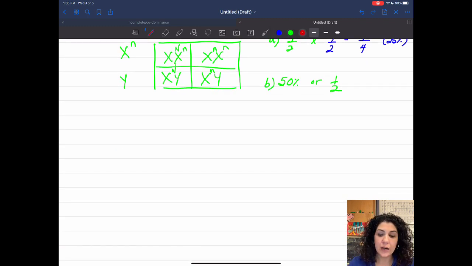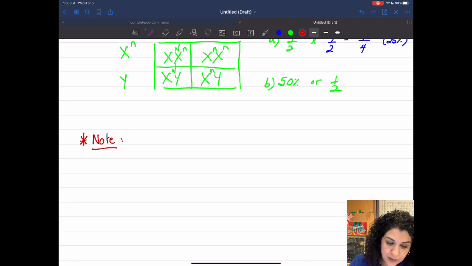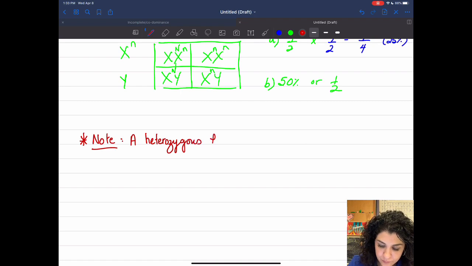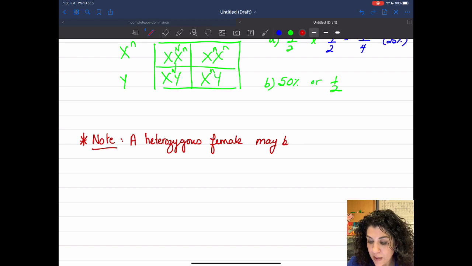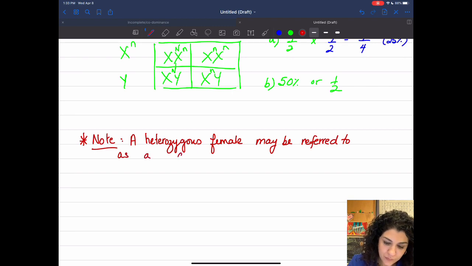Now, another note that I want to give you before we go into the next problem is that some terminology comes up with this. Some of the terminology that you want to note is that a heterozygous female may be referred to as a carrier.